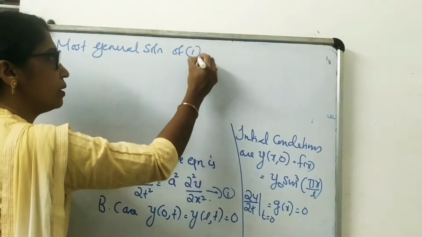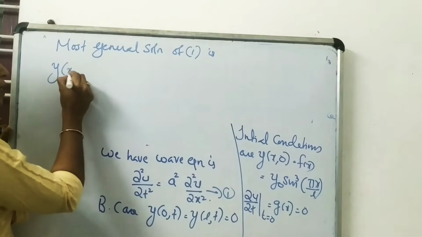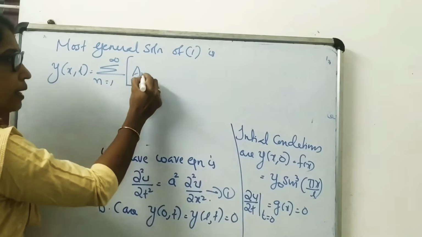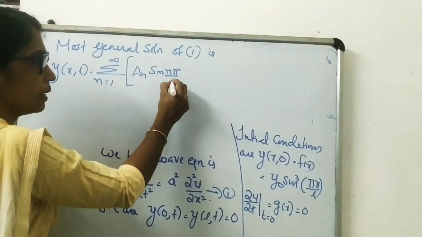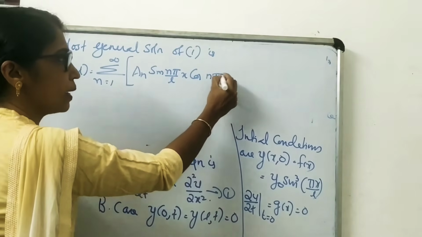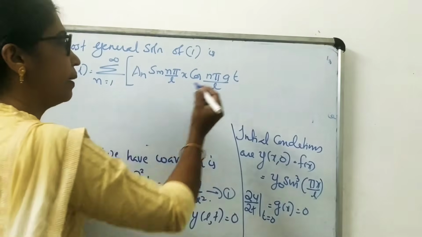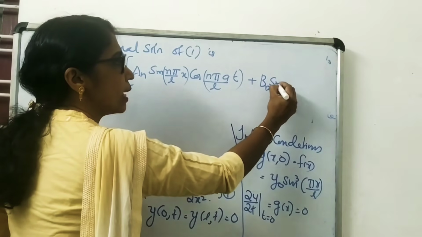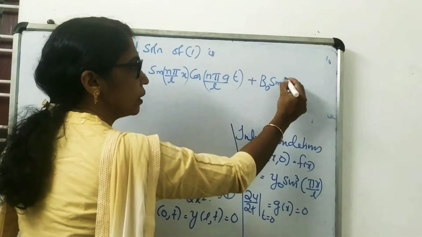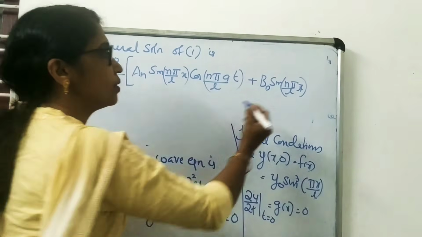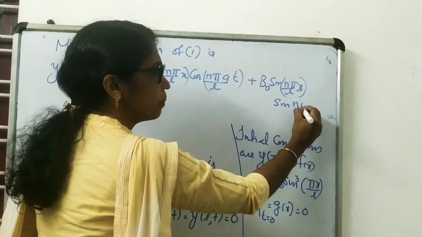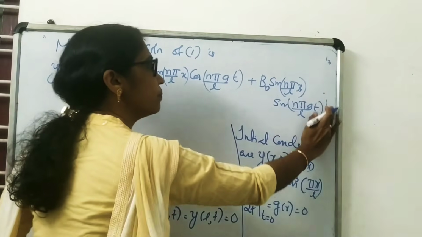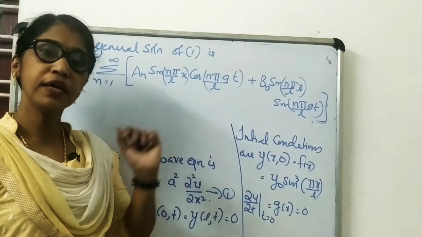Solution of equation 1 is, we know that the solution is y of x,t is equal to sigma n equal to 1 to infinity, a_n sin n pi by L x into cos n pi a by L t plus b_n sin n pi by L x into sin n pi a by L t. So this is the solution of the wave equation.